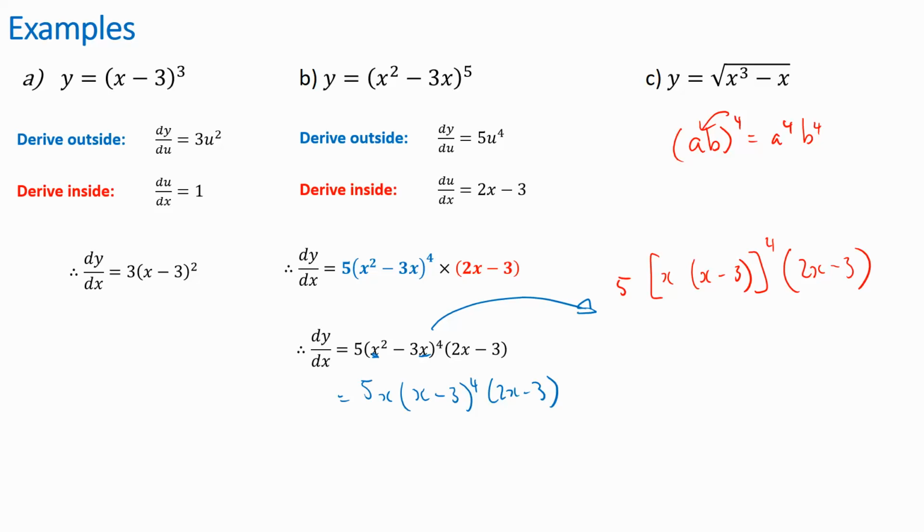I'm separating them. It's the same thing here. You would say x to the power 4 and whatever this bracket is to the power of 4. So what you should be getting is 5x to the power 4, bracket x minus 3 to the power of 4, 2x minus 3. That's the correct factorizing term, not this. What it's missing is x to the power 4. That's where a lot of students make a mistake.